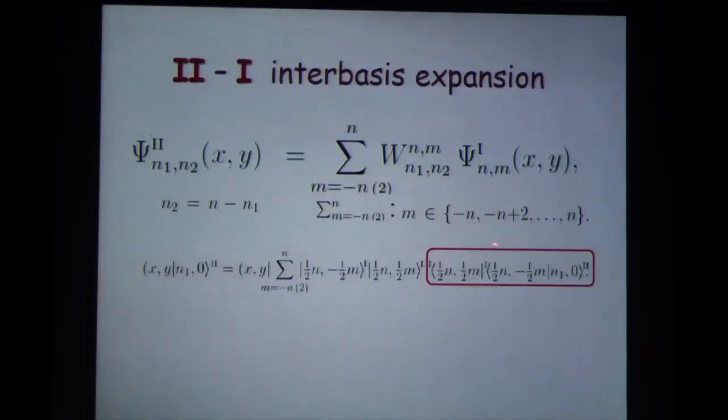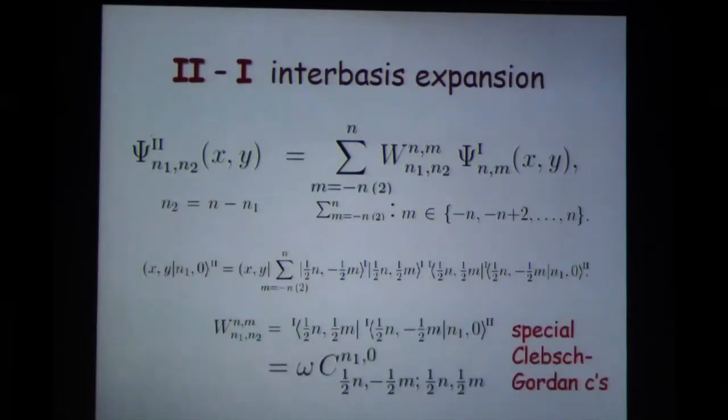Now, here you put a complete and orthogonal set of functions in the middle, so that this becomes a Clebsch Gordan relation, which is the coupling of angular momentum, half m, minus a half m, summing to 0. So the coefficients that we have written here as w's are given by this Clebsch Gordan relation, which can be written in the following way.